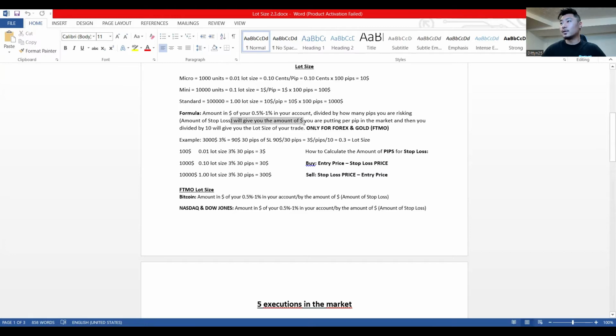And it will give you the amount of money that you're putting in the market per pip. And then you divide it by 10, and it will give you the lot size for your trade. So like it's written here, it's only for Forex and gold if you have the broker FTMO, for example. Okay.